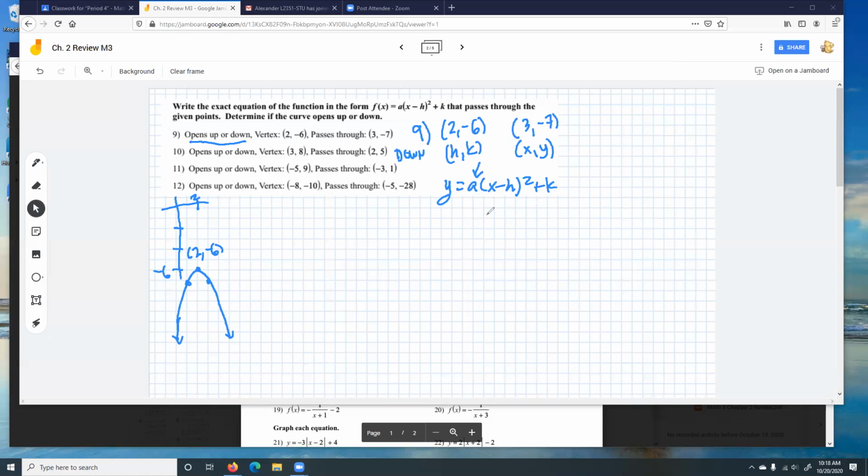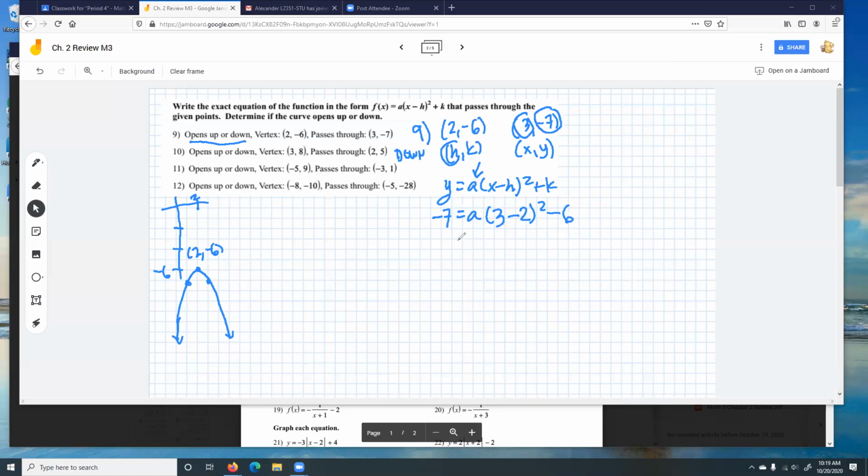My y value is -7, so I plug in -7 equals a times (my x value, 3, minus my h value, 2) squared, plus my k value, -6. So I plugged in x, y, h, and k in the correct order.